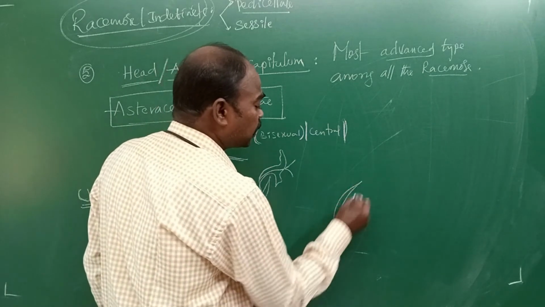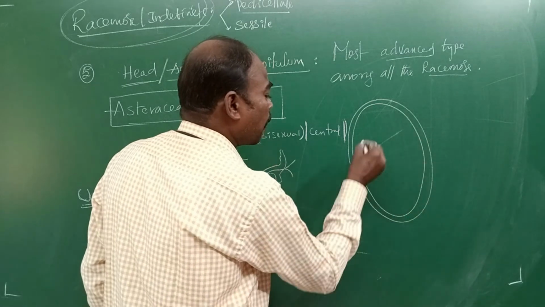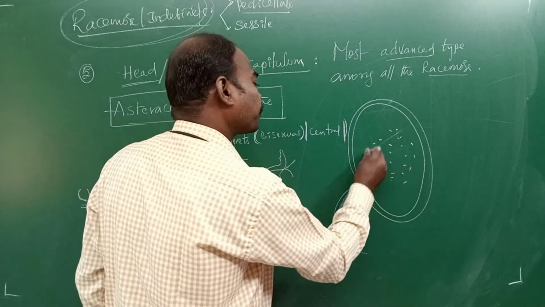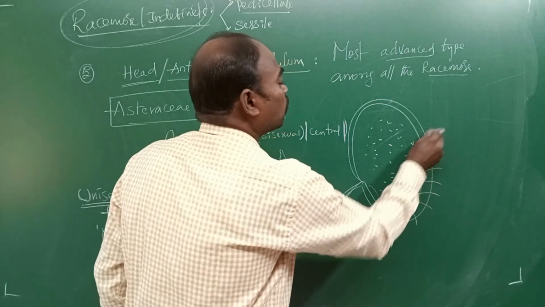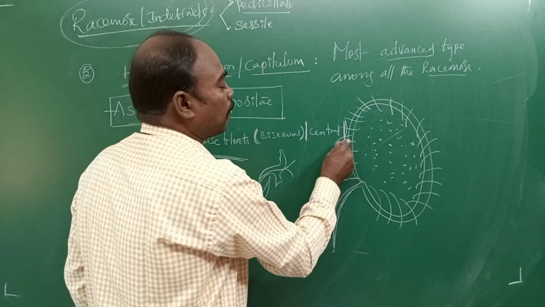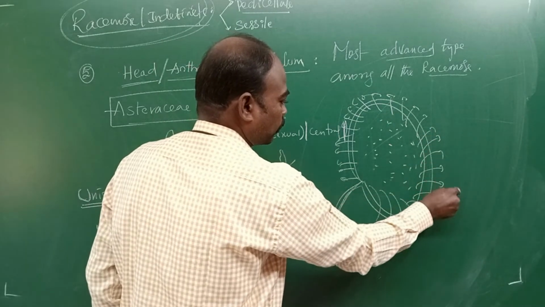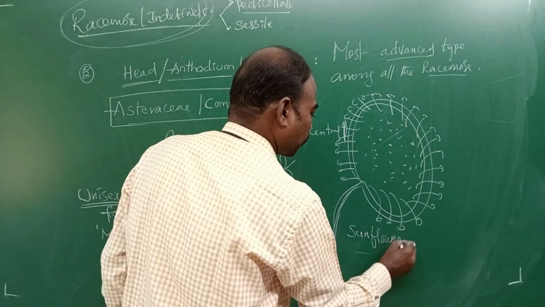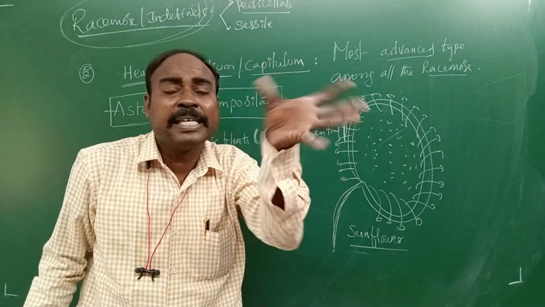When you see the inflorescence axis of a sunflower, you see a number of disc florets located at the center and ray florets at the periphery. See, the sunflower inflorescence is not a single flower.